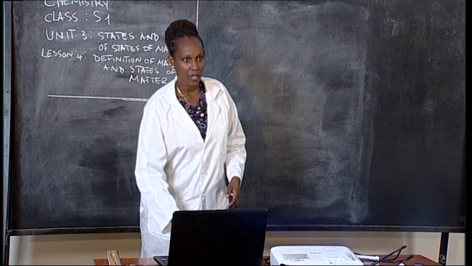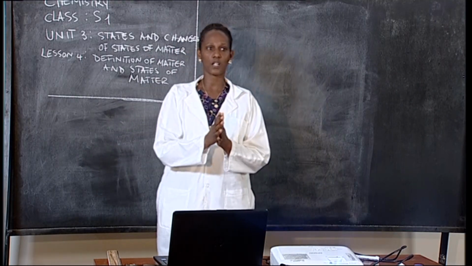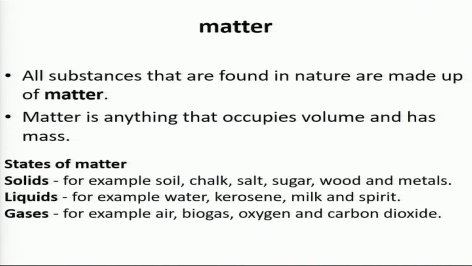So what are we going to start with? We're going to start by looking at what matter is. In primary level, you studied matter and the states of matter, so this is not new for you; we will be reminding ourselves. All substances found in nature are made of matter.